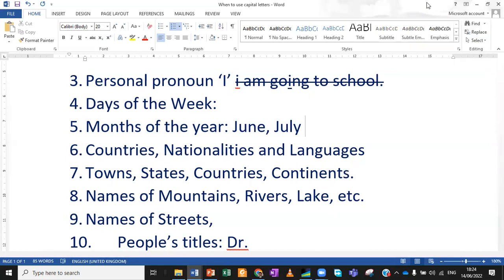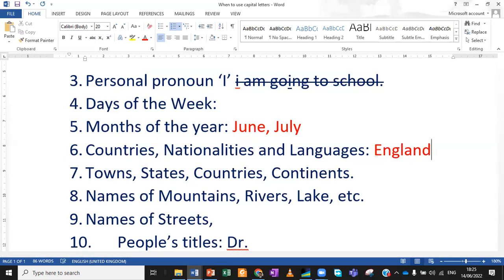Countries, nationalities, and languages. Countries, so watch this. If I write england like this, is it correct? No. Because now the E has to be capital. If I press space bar, you see it changes by itself.